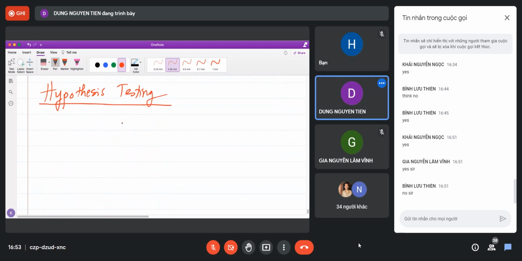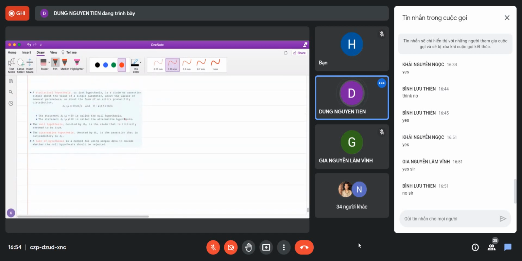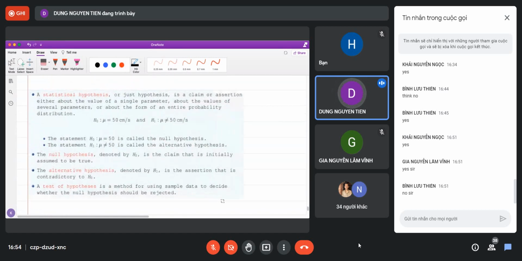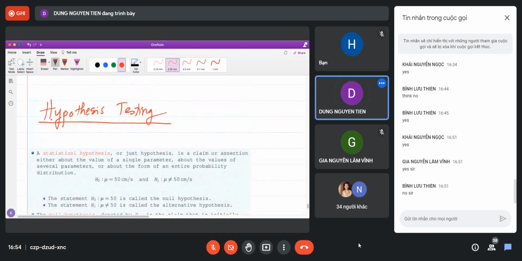What is a hypothesis? And what does it mean by testing? I want you to understand these two words.